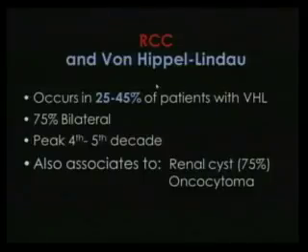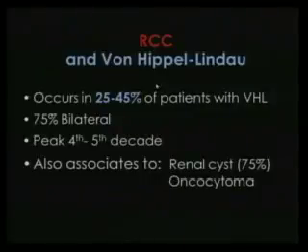Von Hippel-Lindau is associated with renal cell carcinomas, and between 25 to 45% of patients with von Hippel-Lindau can develop a renal cell carcinoma. 75% are bilateral, with the peak, as I said before, between the 4th and 5th decade.